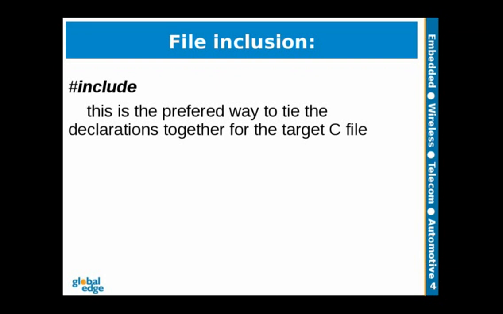Okay, now we will look at the include directive of the preprocessor. This is the preferred way to tie the declarations together for the target C file. This looks highly technical, a fully loaded definition for someone taking it in for the first time. You already know that in a program, before invoking a function, the function's prototype or declaration has to be defined somewhere above the usage.